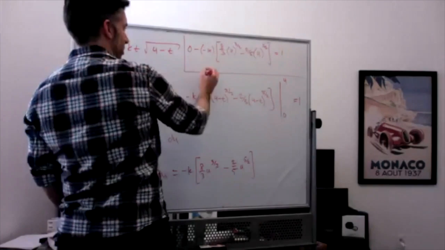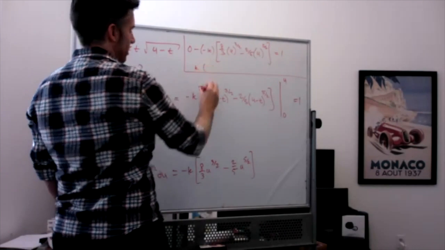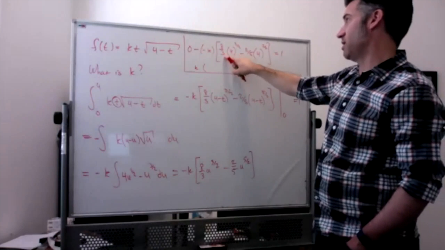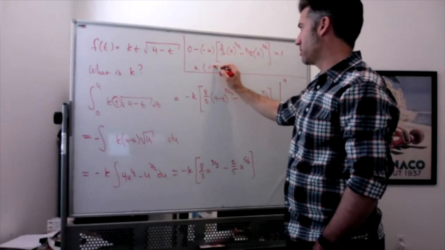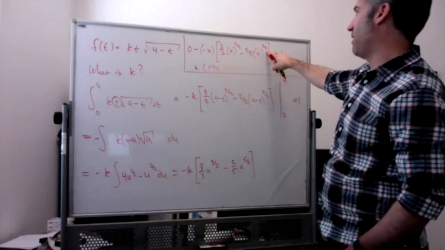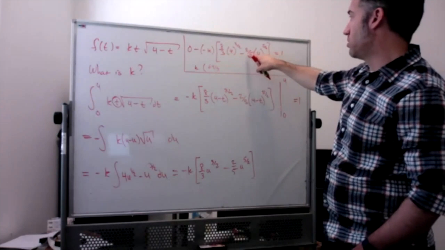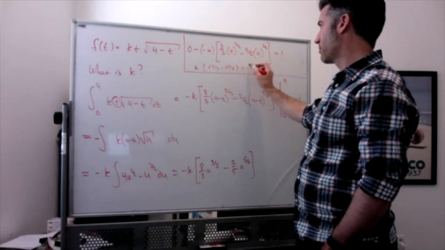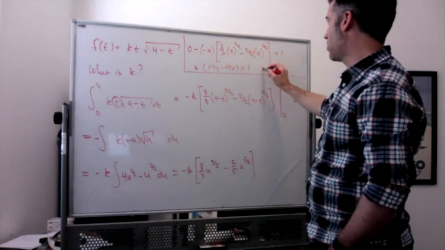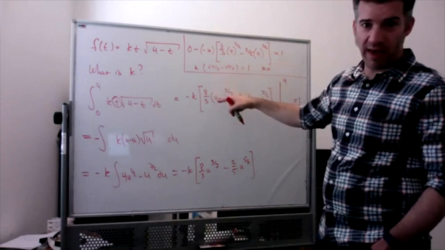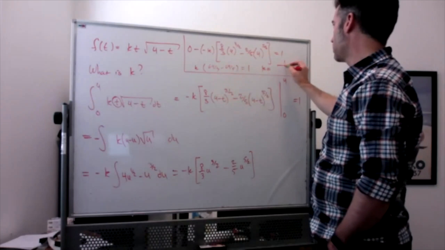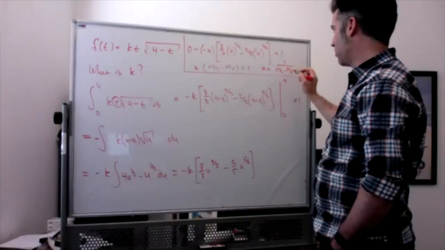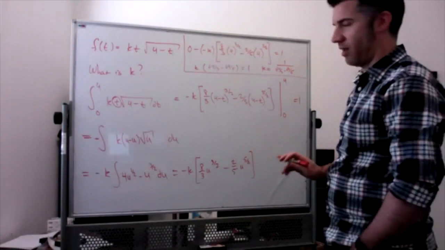So then this is positive k times, let's see, 4 to the 3/2 is 8. 8 times 8/3 is 64/3. And then 4 to the 5/2 is 32, and 2/5 times 32 is 64/5. So k is going to equal 1 divided by that, which is not nice. So 1 divided by 64/3 minus 64/5, which I'm sure we could simplify, but it's not that important.